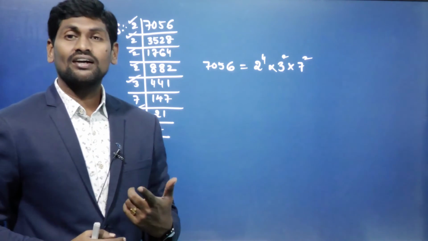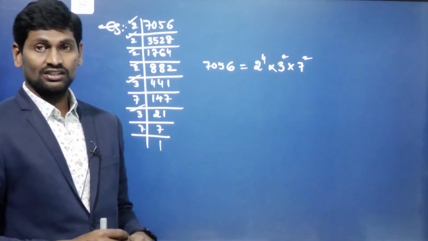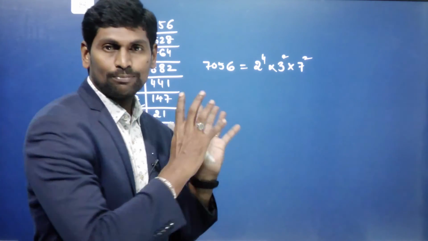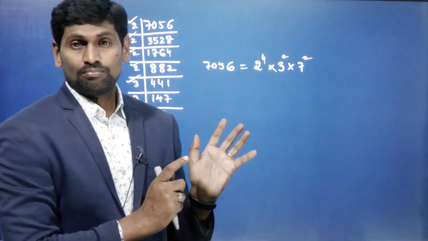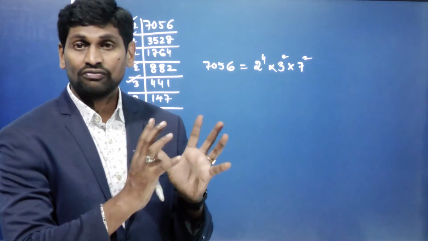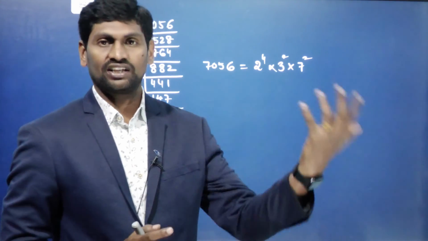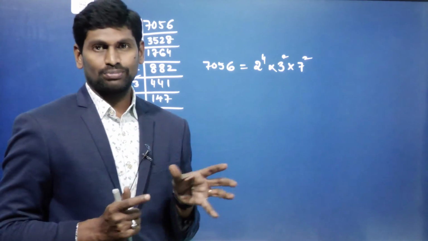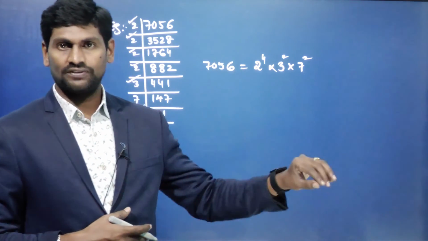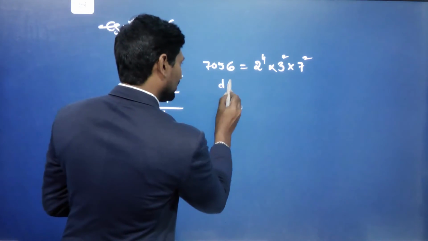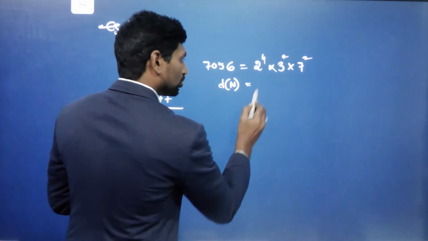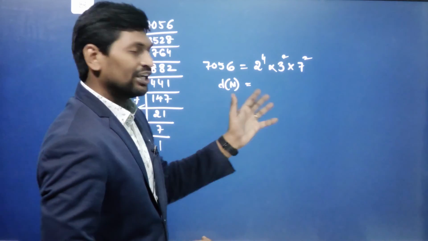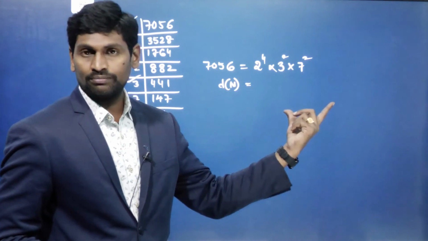Now we need to find the number of divisors. Here you should remember that finding the number of divisors is needed only for the product of divisors. While calculating the sum of divisors, we are not finding the number of divisors in between; we directly substitute in the formula. But here we need to find the number of divisors first. What is the number of divisors formula? N1 plus 1 into N2 plus 1 into N3 plus 1 and so on, where N1, N2, N3 are the exponents of the prime numbers.